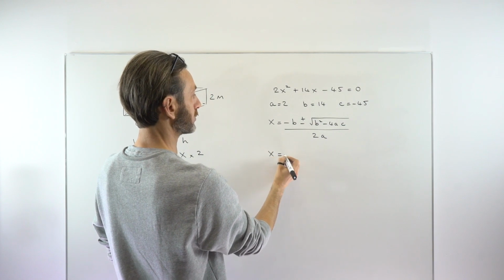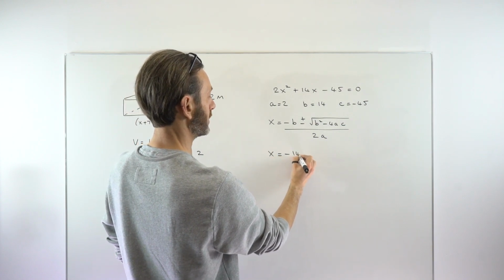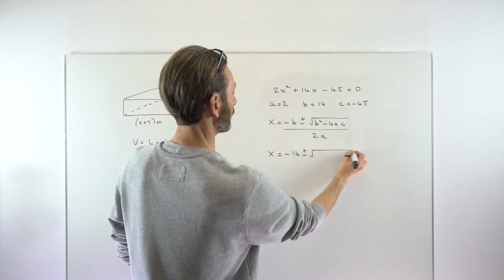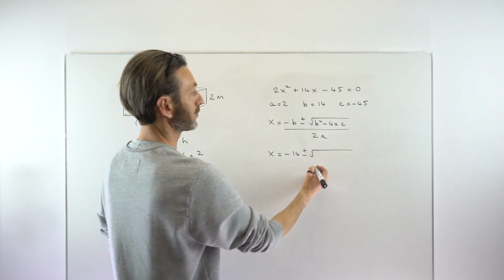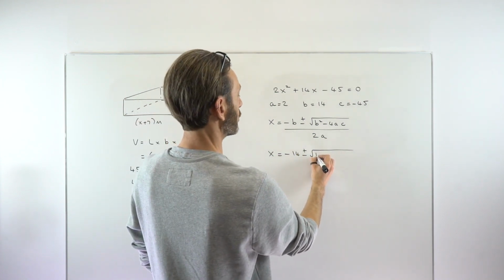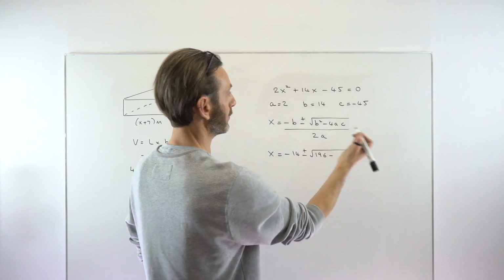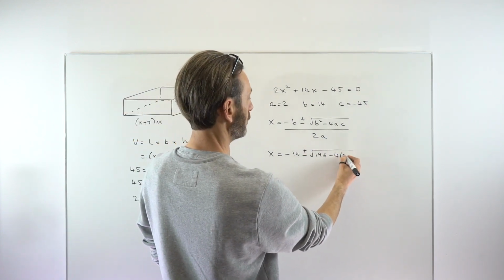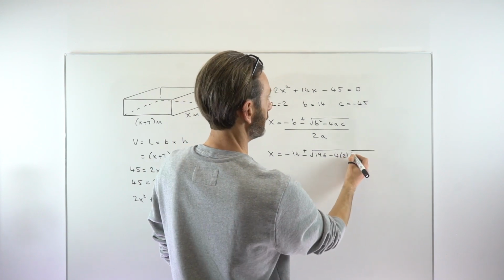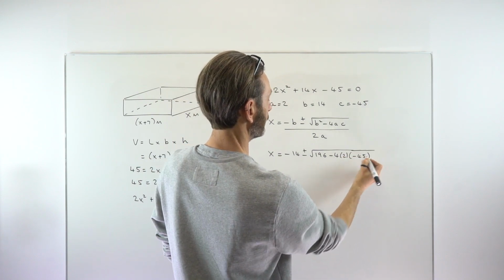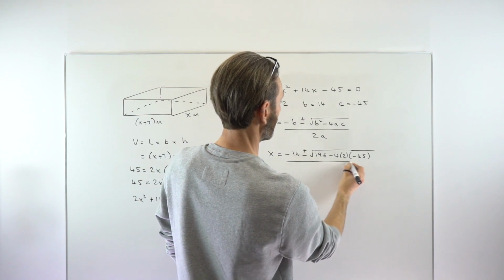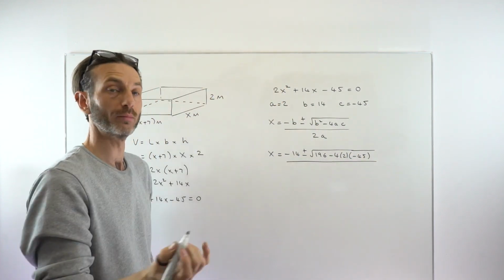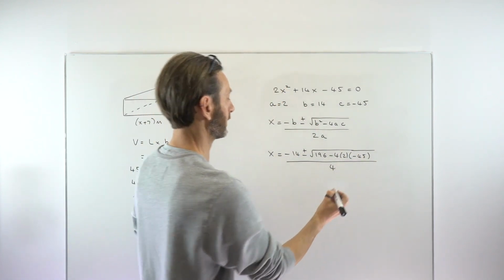So just putting in the numbers carefully, minus b, that's minus 14, plus or minus the square root of b squared, so it's 14 squared, which is 196. You could write in 14 squared, that would be fine, times 4 times the a value, which is 2, times the c value, which is minus 45. All of that divided by 2a. A is 2, so that's 2 times 2, so it's going to be 4, like this.